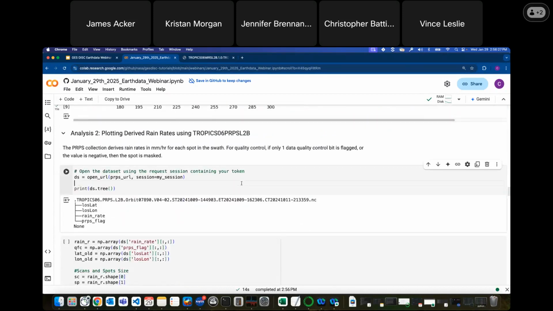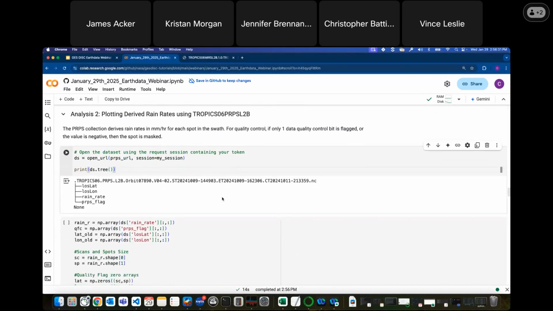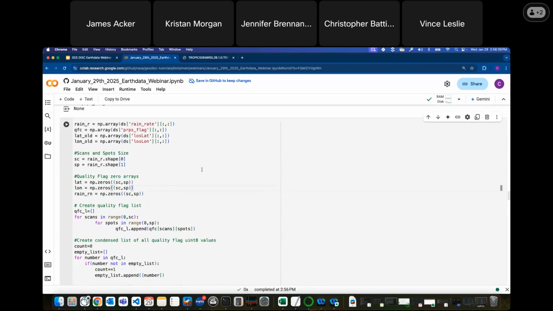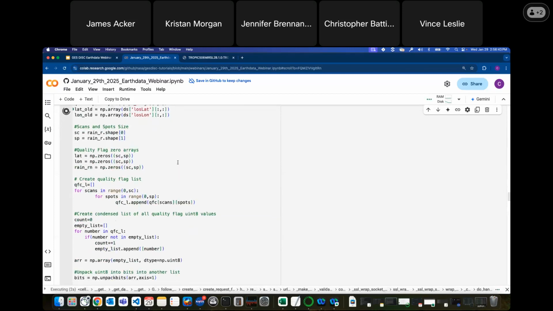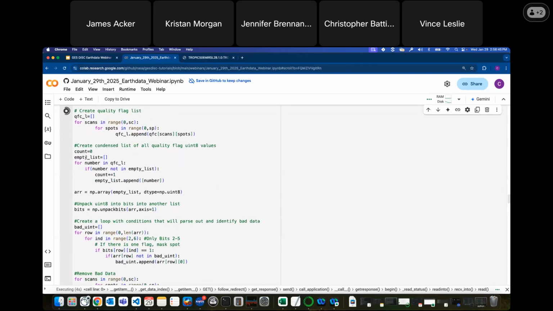Moving on to plotting derived rain rates using PRPS. We repeat the same process. We first load the data from our OPeNDAP query into our notebook session. And then we open up all of our variables that we want. We go through these quality flags.